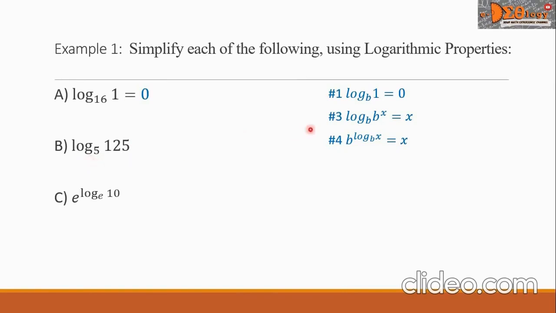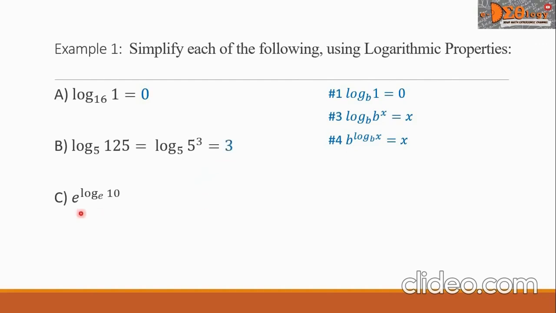I'm going to use the property number 3. However, I need to do something to 125. I need to show that this 125 is equal to 5 cubed. So I have now log of 5 cubed to base 5. And as per our property number 3, we can simplify this into that exponent. So the answer here is 3.